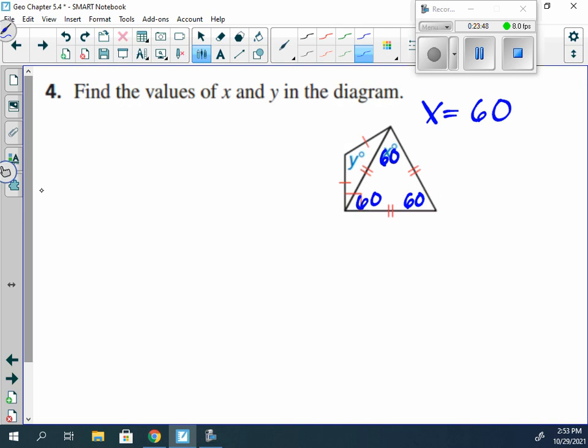In an equilateral triangle, we also have an equiangular triangle, because if a triangle is equilateral, then it is equiangular. And if it is equiangular, each of the angles would be 60 degrees.